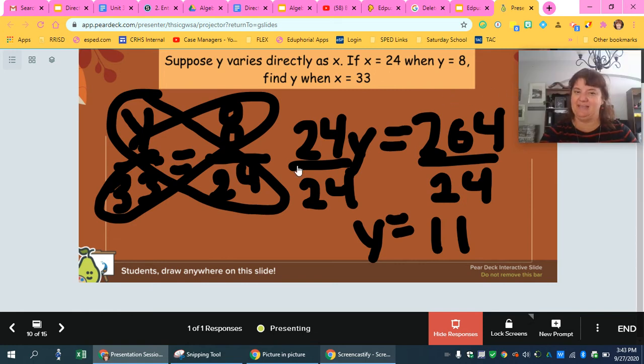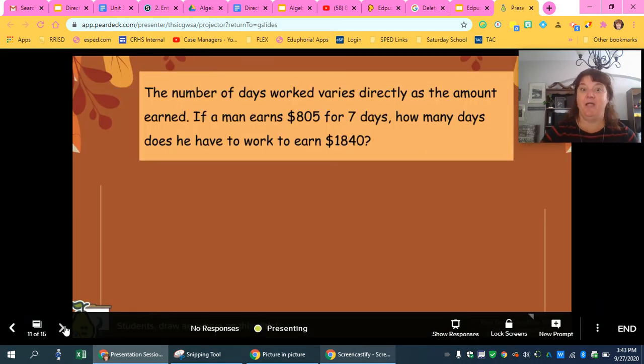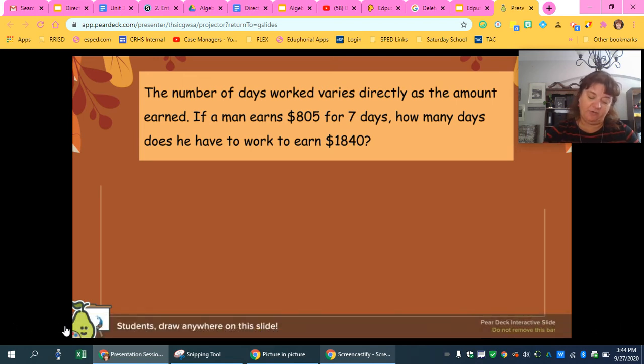Take a look at that. I put my x on the bottom, my y on top, and then I had another x goes on the bottom. Then I just solved it. Did you get that answer? Okay, let's try another one. Remember, underline your varies directly. What varies directly?